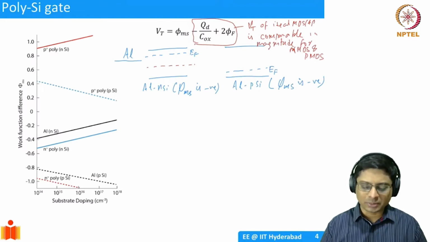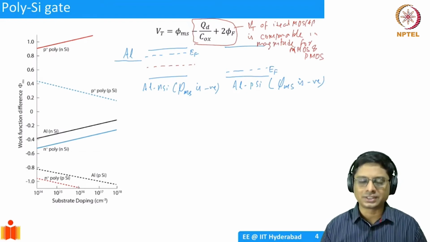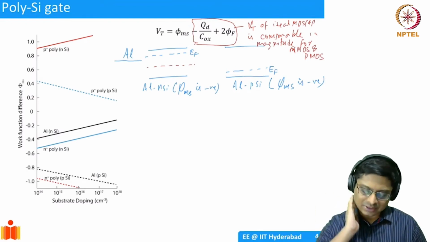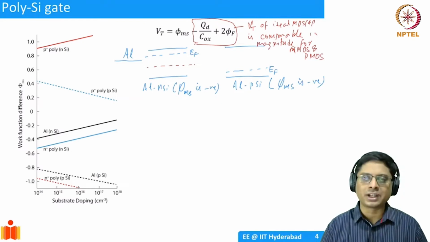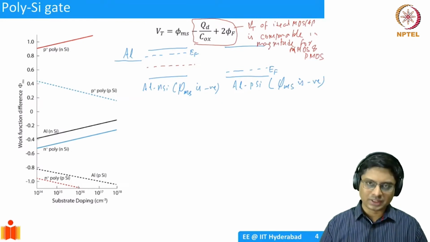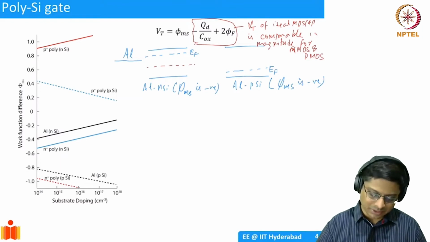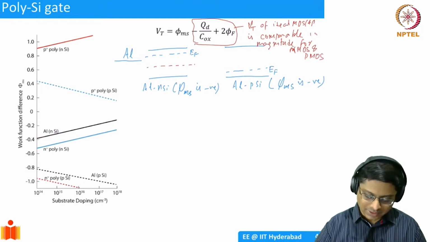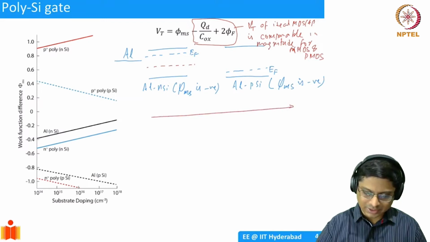So there's a certain amount of symmetry in the type of transistors you can make. Whereas the moment you put in a phi ms with a large negative voltage, then the VT will shift. For example, I could draw this voltage axis.